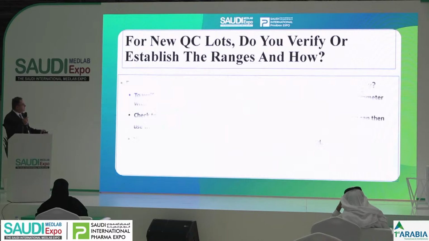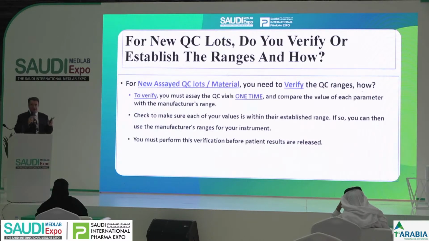Now, to verify, and listen to me carefully, this is going to save you tons of time. To verify a QC range that comes from assayed QC with ranges, all you need to do is run the QC level once before you use it for patient testing. Once.